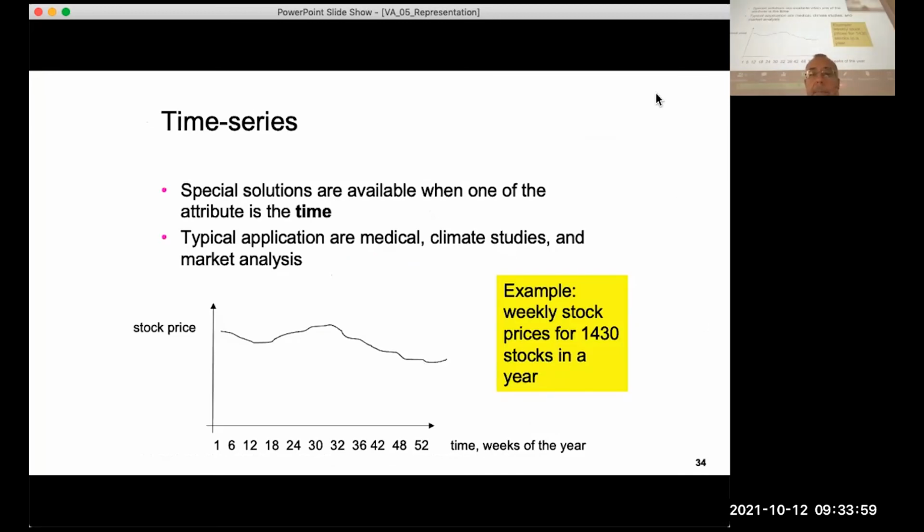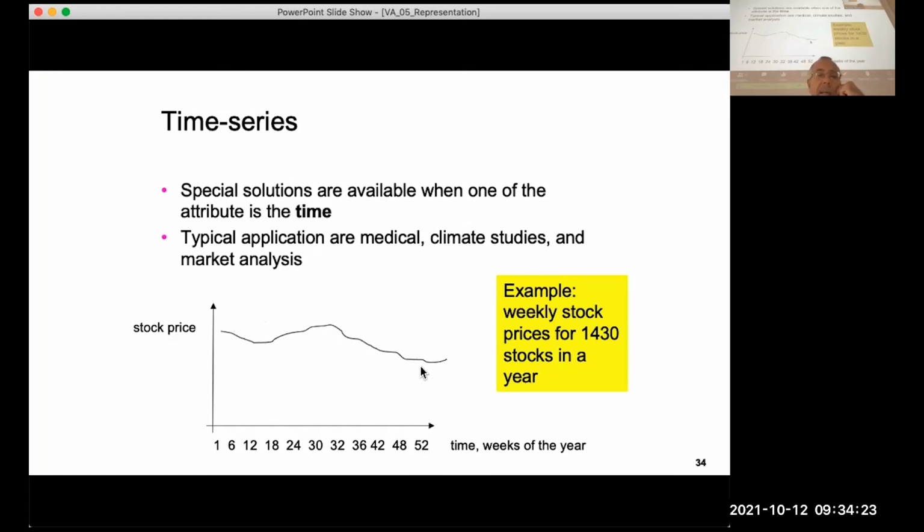And a special case about that is time. This is a typical line chart. You are familiar with this representation. Here we have the time, represented in weeks of the year, from 1 to 52. And this is the price of a special stock, fluctuating up and down.